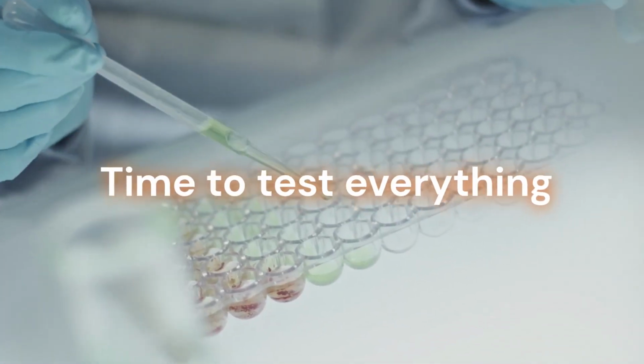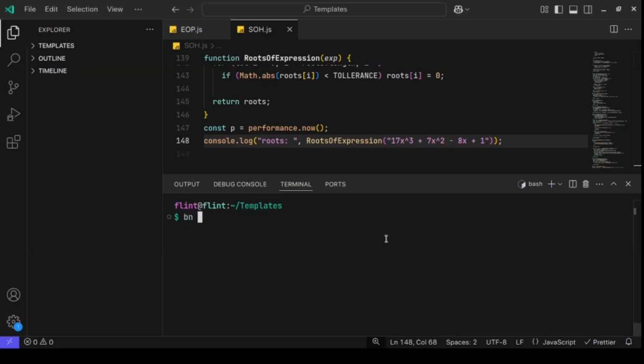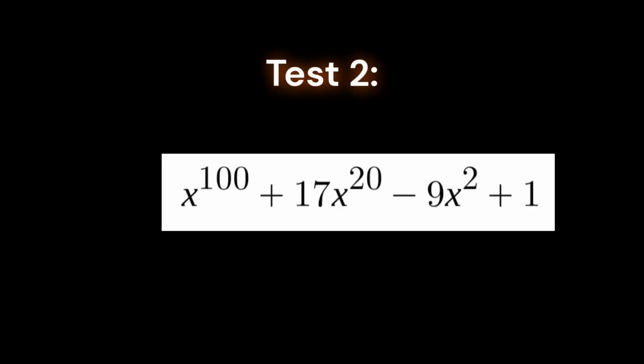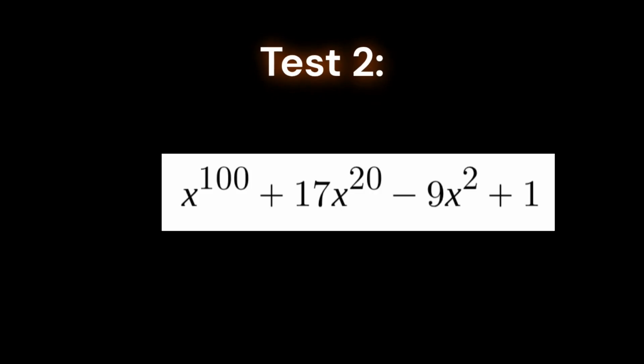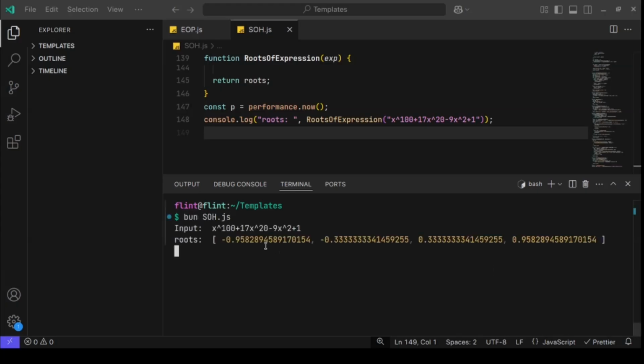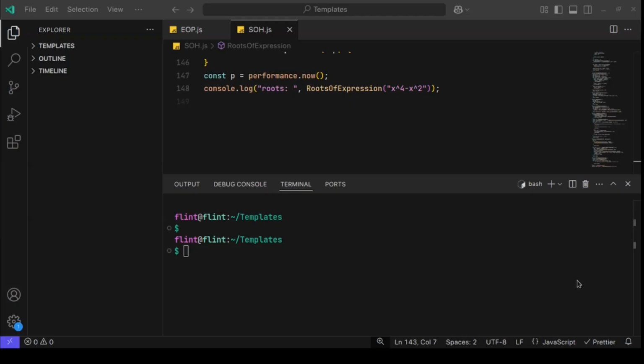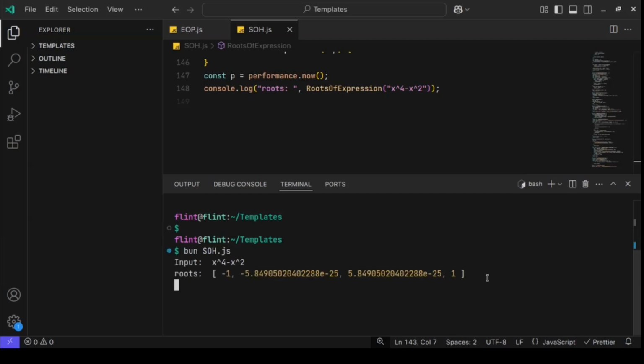Okay, now it's time to test everything. That's working, that's accurate. Great. What the?